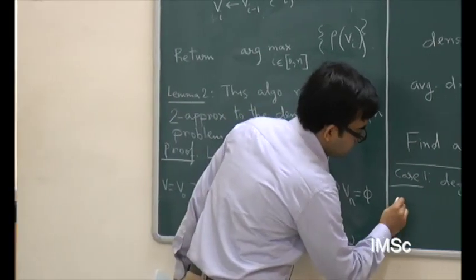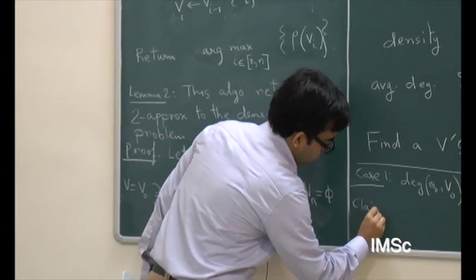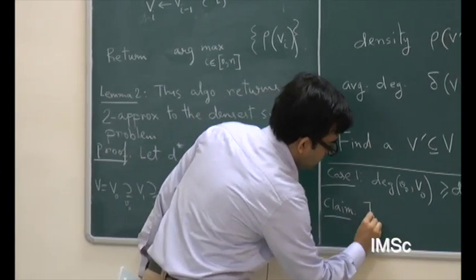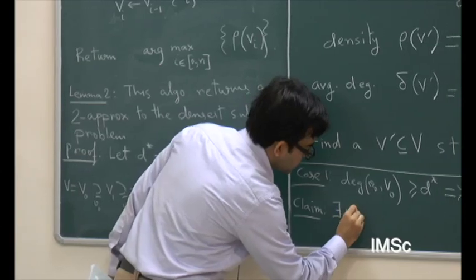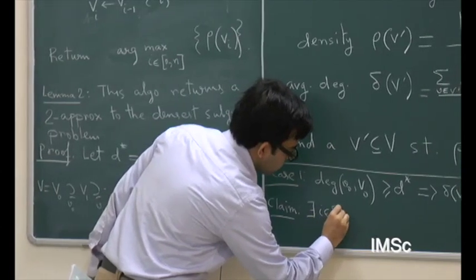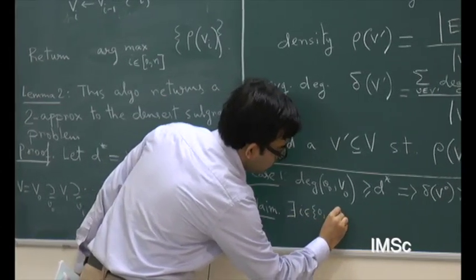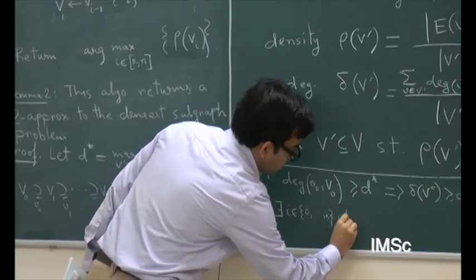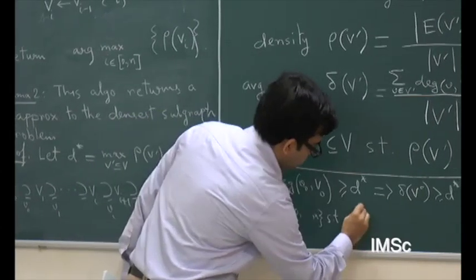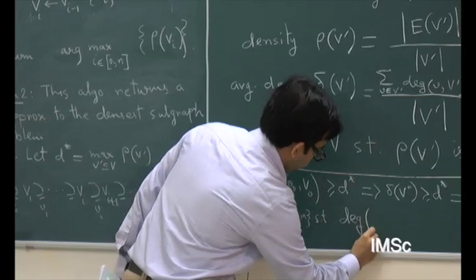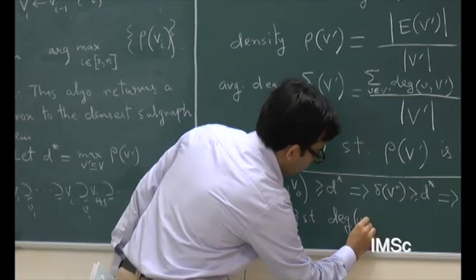So the claim is that there exists some i from 0 to n such that degree of Vi is at least D star.